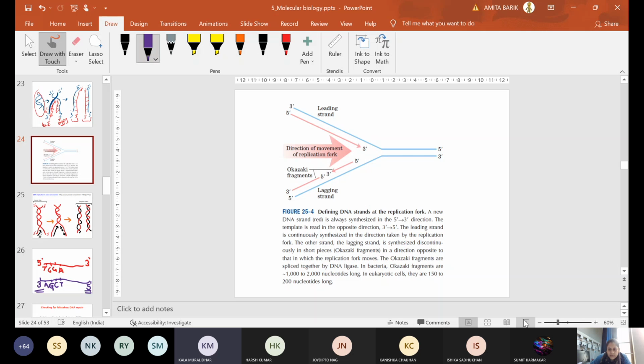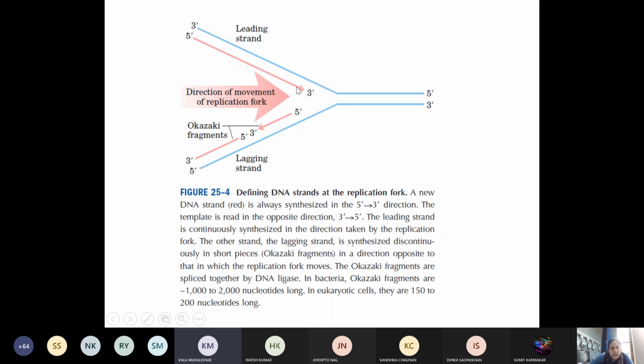Okay, so this figure, if you can see. Look into this picture. This blue one is the parent DNA, which has opened up. This is known as a replication fork. My newly synthesized DNA, the pink or red one, is synthesized in the 5' to 3' direction, and it forms in a continuous manner. One by one, nucleotides are added based on the nucleotides present on the parent DNA.